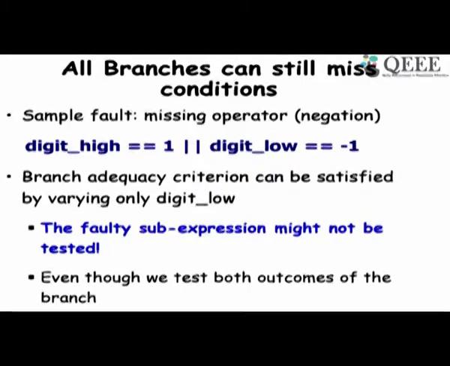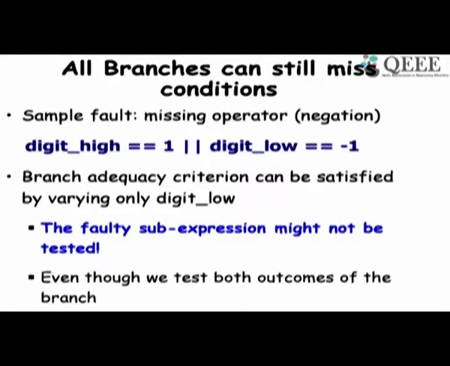So just see here that as long as digit low takes the value true, then digit high equal to 1 will achieve true, and digit high not equal to 1 will achieve false. In other words, we are not checking whether digit low not equal to -1 will cause a problem.